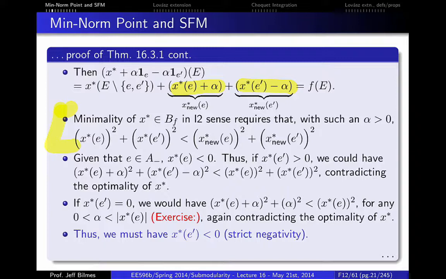So anything new would be this. And remember, most of the elements are the same except for these two elements. We've only adjusted two elements of the vector. And so it must be the case that these two on the right, summed together, are strictly greater than these two on the left, which are the original elements in the optimal vector.